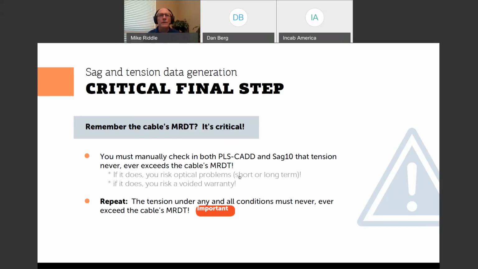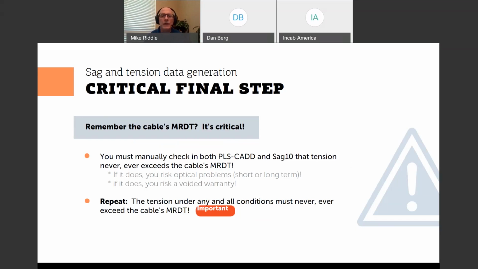You install the cable today, and tomorrow the fiber goes dark or has increased attenuation, or it might be something that happens in 5, 10, or 15 years. But either way, you risk optical problems if you exceed that. And by the way, if it happens in the short term, it's likely that the cable manufacturer is going to say, oh, sorry, you exceeded our maximum rated design tension, and so therefore the warranty is void. And then you're going to have a bad day.